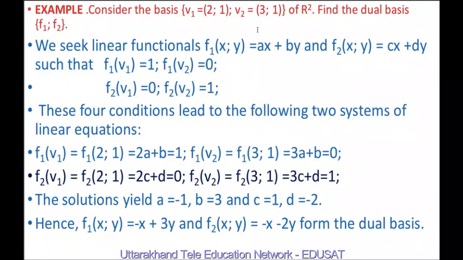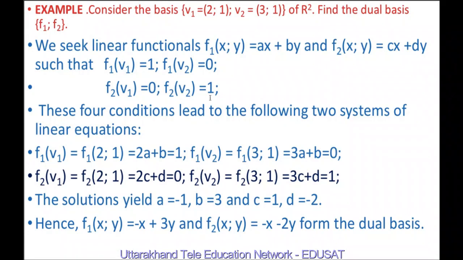Now we will demonstrate how to find the dual basis set f1, f2 of the given basis set v1, v2 of R square, where v1 is given to be (2,1) and v2 is given to be (3,1). It means we seek linear functionals f1(x,y) equal to ax plus by and f2(x,y) equal to cx plus dy, so that f1(v1) equal to 1, f1(v2) equal to 0, f2(v1) equal to 0, f2(v2) equal to 1.